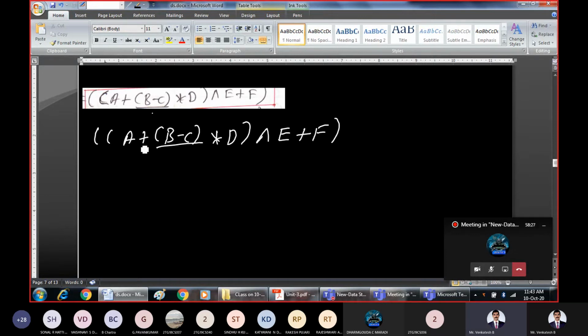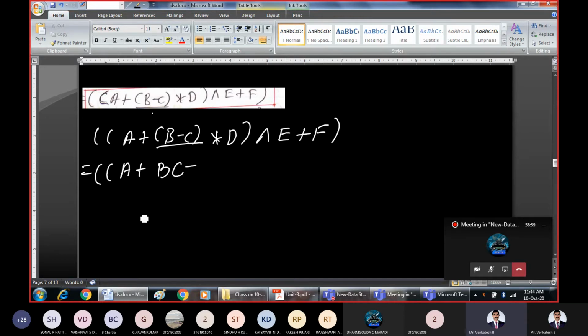No matter that star, plus and power have higher priority, minus has less priority than star, but still I am solving this B minus C, because it is present within the bracket. Bracket has the highest priority, so this gets solved first. Keep the remaining as it is, A plus, only solve this. Take the first operand B, then the second operand C, then write minus: BC minus.